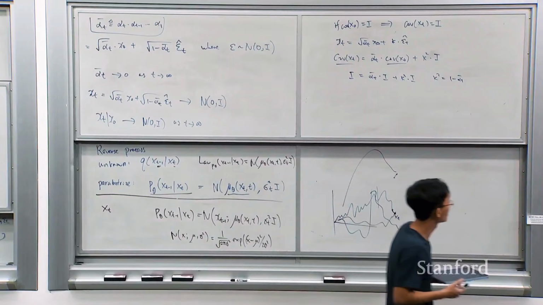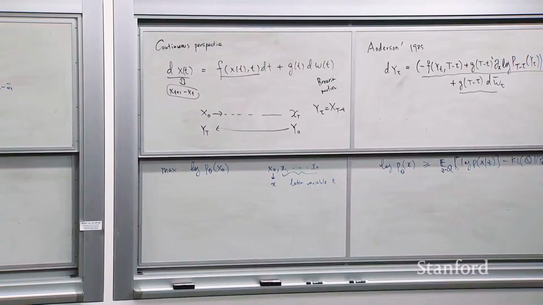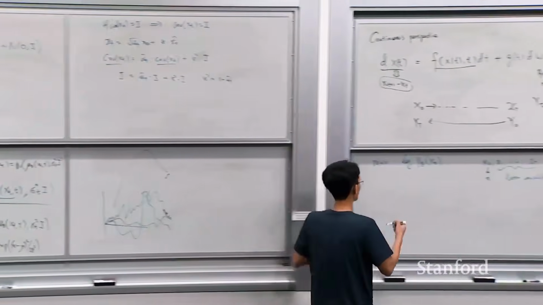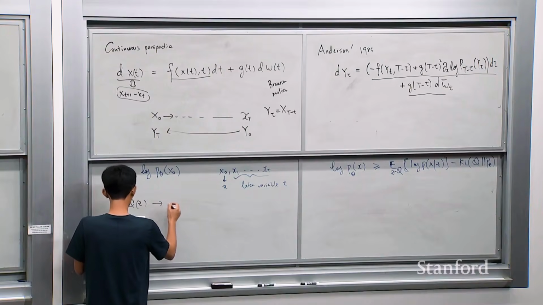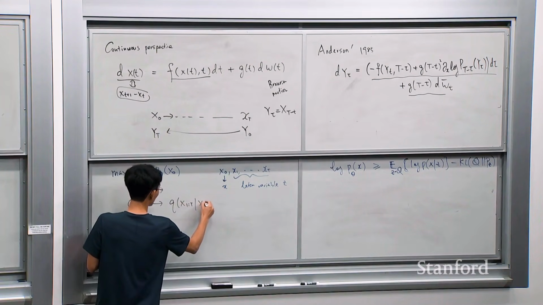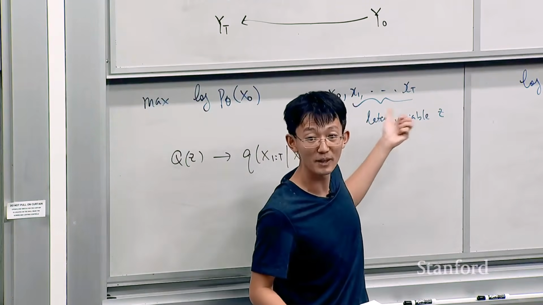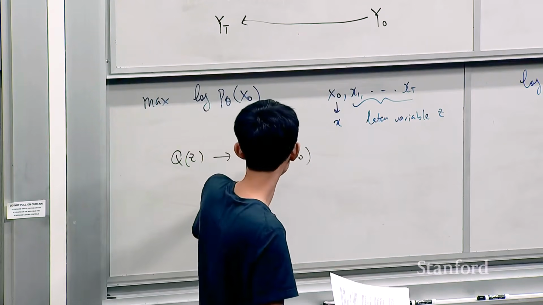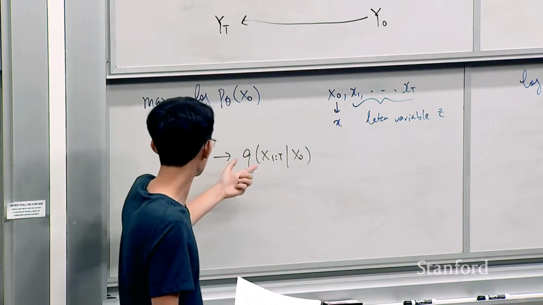So what is the q we're going to apply? The q of z in the previous lecture notes corresponds here, for our case, to q of x1 to t given x0, because z is my x1 up to xt. So q of z is the posterior where you try to infer the latent variable. That's why it's given x0: how do you infer the latent variable given x0? That's my correspondence.